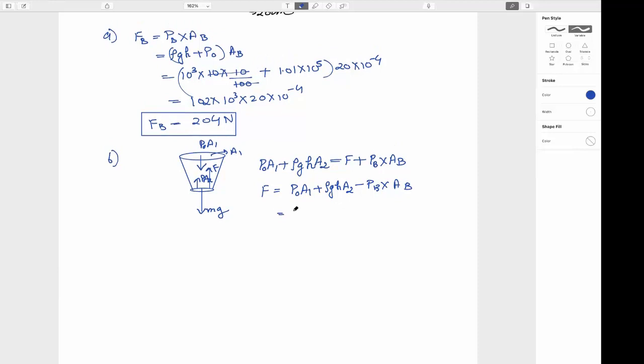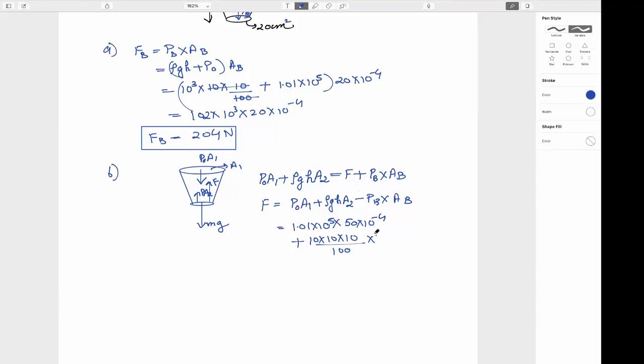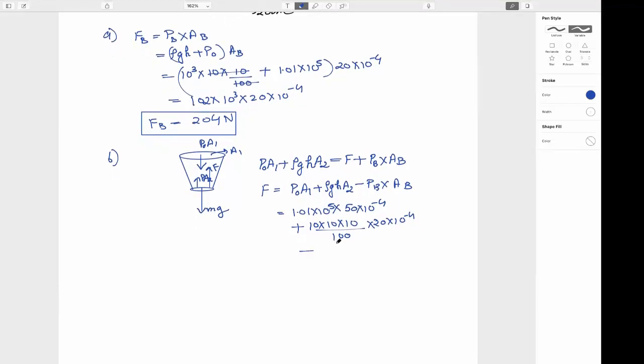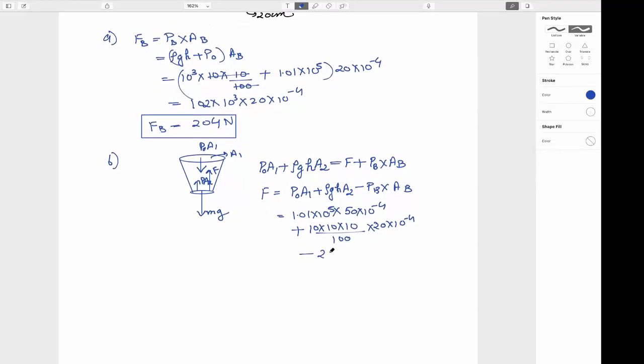So P naught is 1.01 into 10 to the power 5. Area we know that is 50 into 10 to the minus 4 plus rho GH. Rho is 10, G is 10, into 10 divided by 100, into A2 is 20 into 10 to the minus 4, minus PV. PV is nothing but 204 into area.